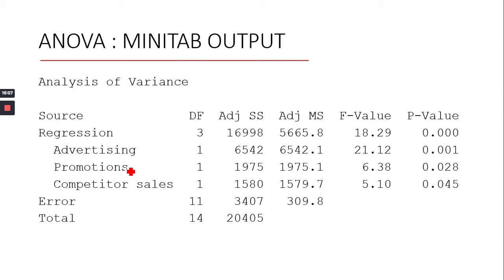That is the hypothesis that we are testing. There is no linear relationship, that is our H naught, between the dependent and the set of independent variables, versus H1, which says there is a linear relationship.